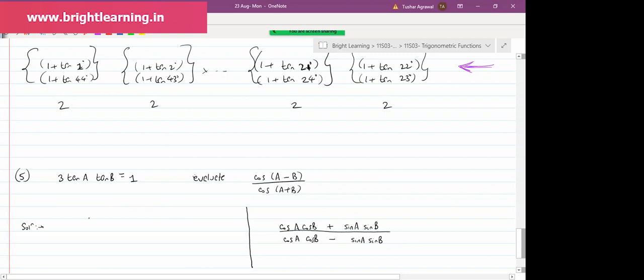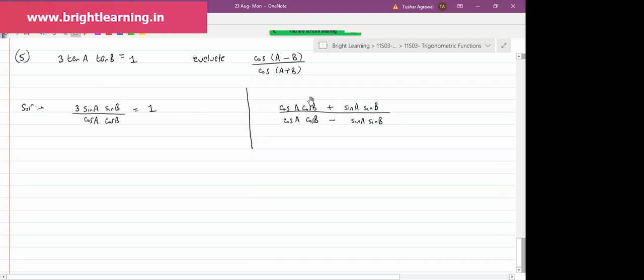And what information is given to me? 3 times tan A tan B equal to 1. Tan A is sin A upon cos A, tan B is sin B upon cos B, so 3 times sin A sin B upon cos A cos B equals 1. This information is given, and this is where you have to reach.